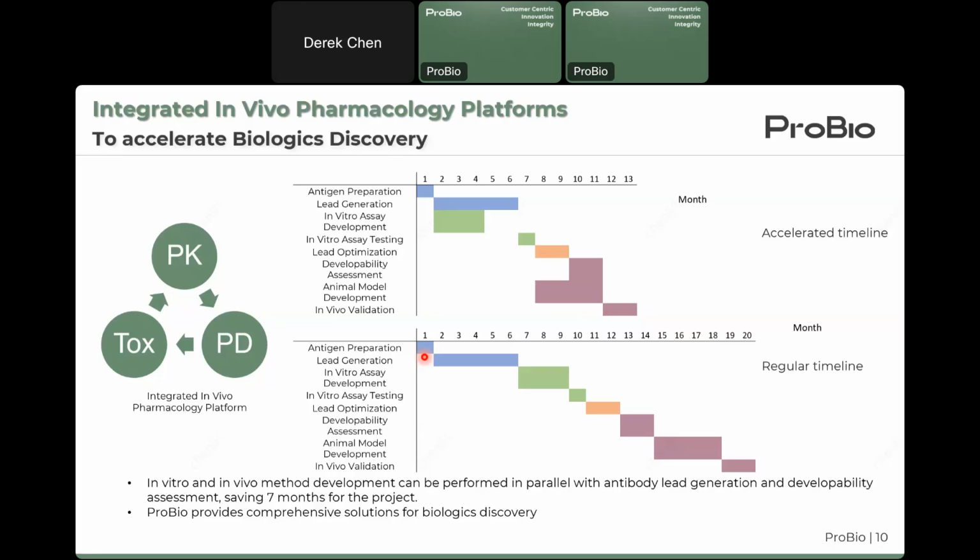The typical timeline from target evaluation to clinical candidates is about 12 months at ProBio, as compared to almost 2 years if you choose to do this work step by step. So we're hoping that our expertise can help accelerate your preclinical development.